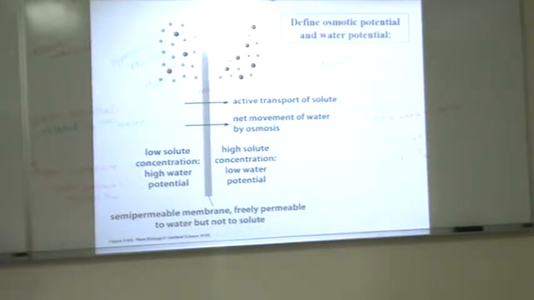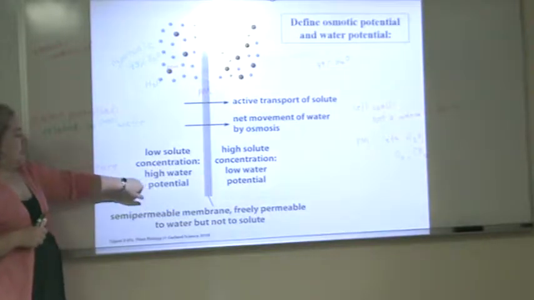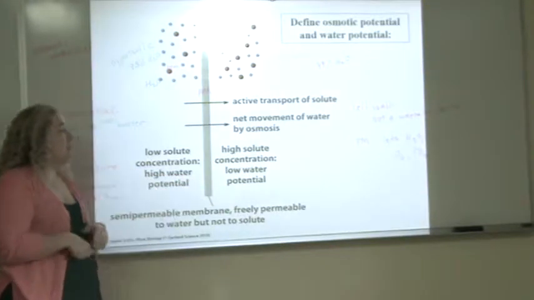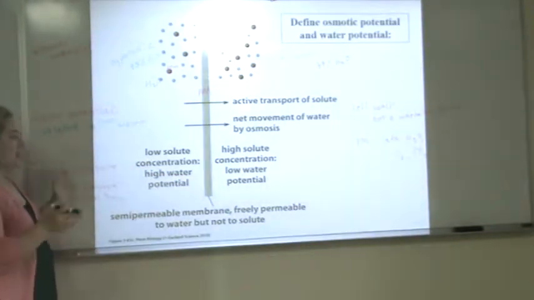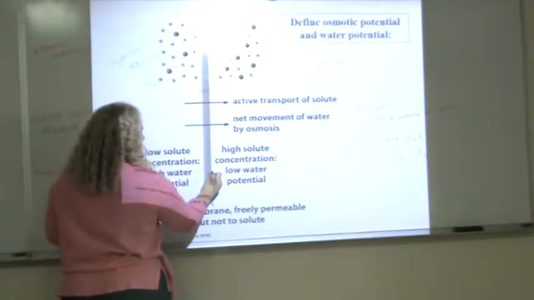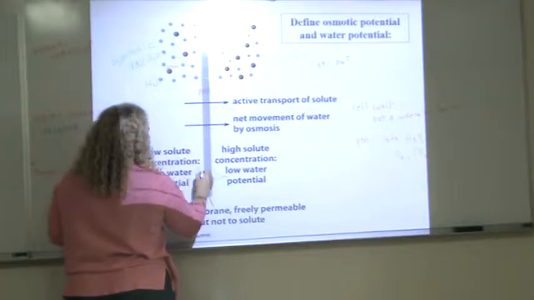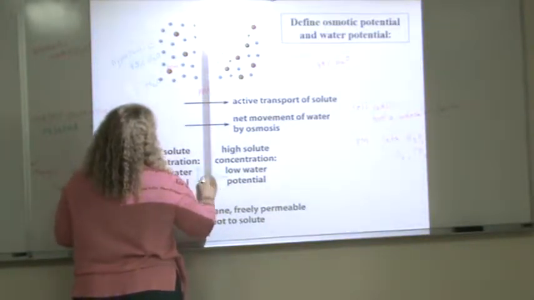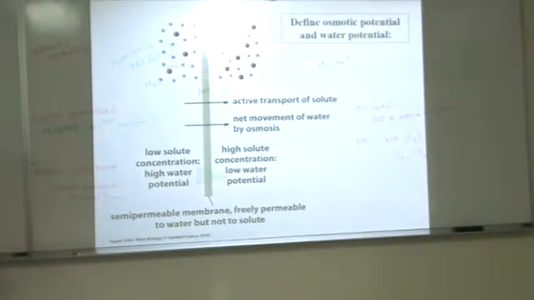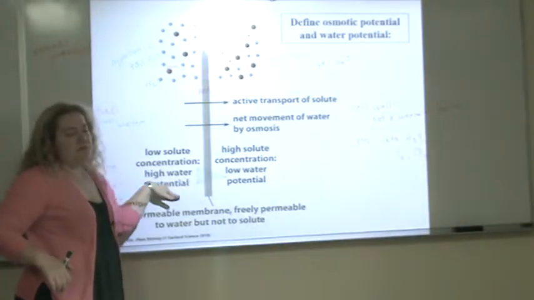A higher water potential has a higher percent of water. You can also think of it as dilutedness. So where you have more water, that's an area of higher water potential than an area of lower water potential. And if I were to draw one of those gradient arrows for the direction that water moves, it would be like this. That's the direction of the water potential. So water does in fact move that way through a membrane.